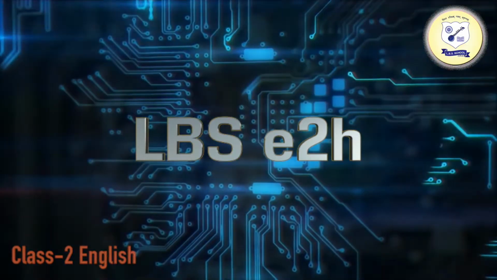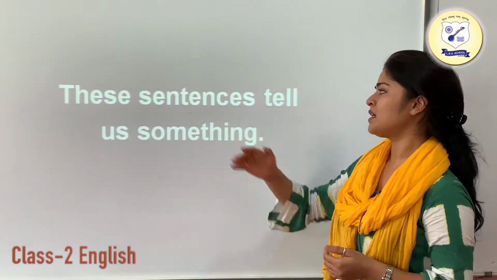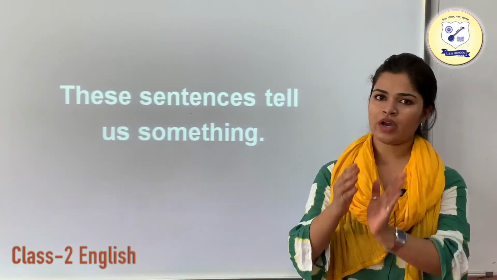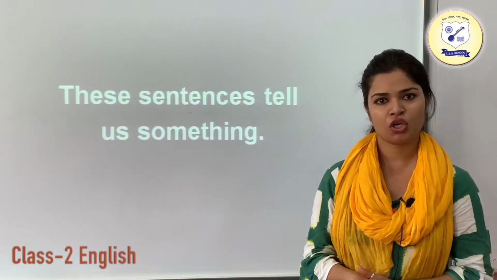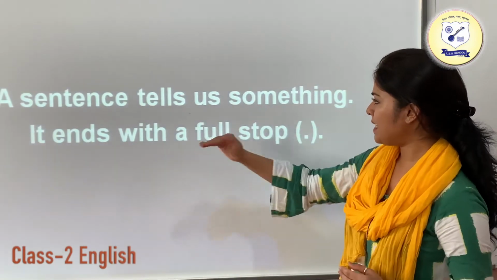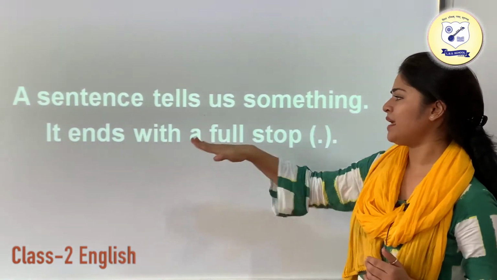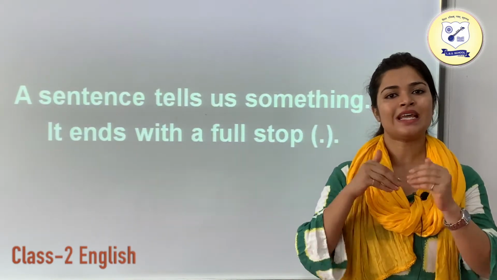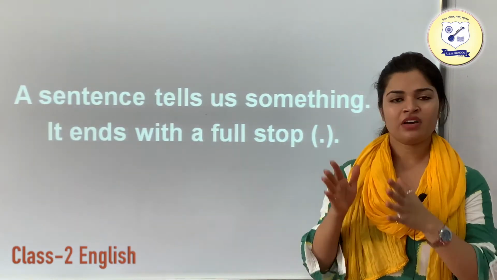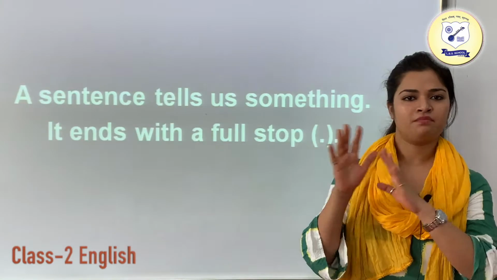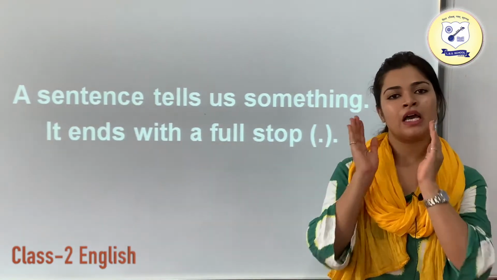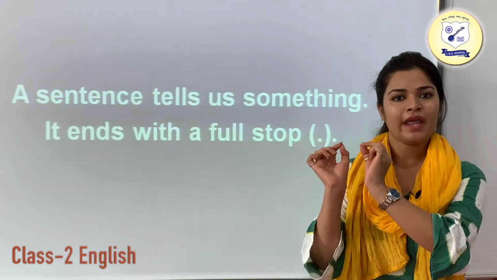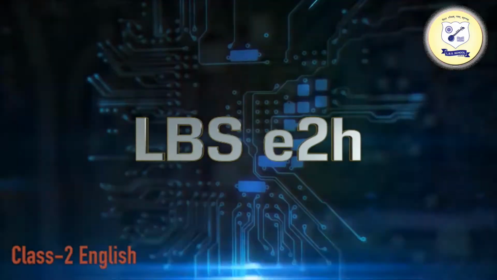Now these sentences tell us something about whoever that sentence belongs to. A sentence that tells us something ends with a full stop. Whenever you are talking about a sentence which is telling you something, whether it is he, she, it, or whatever, that sentence would end with a full stop.